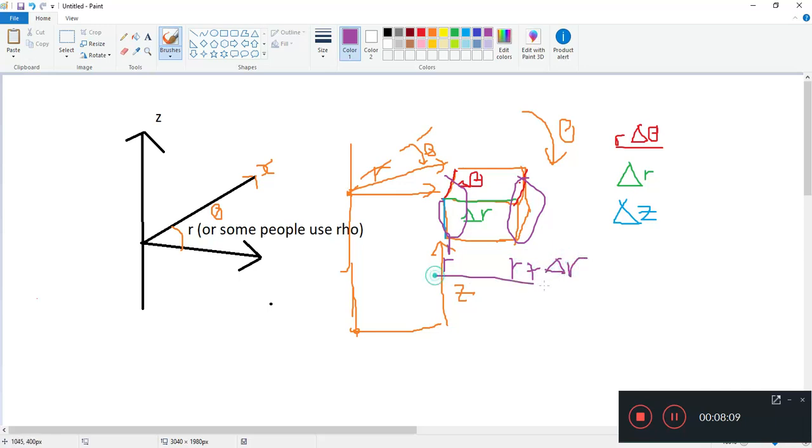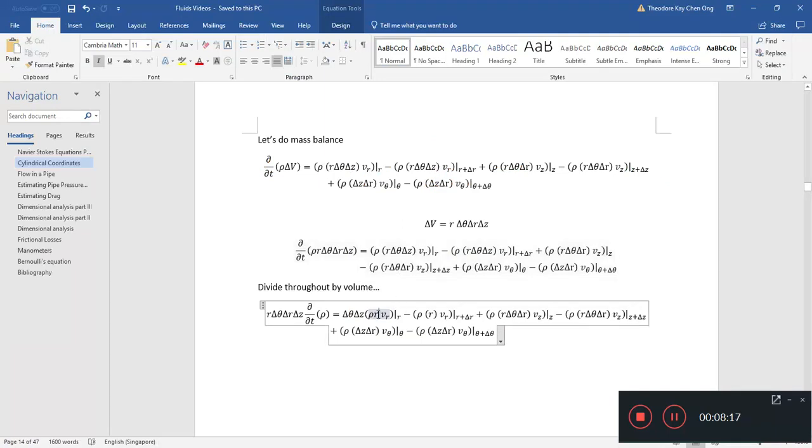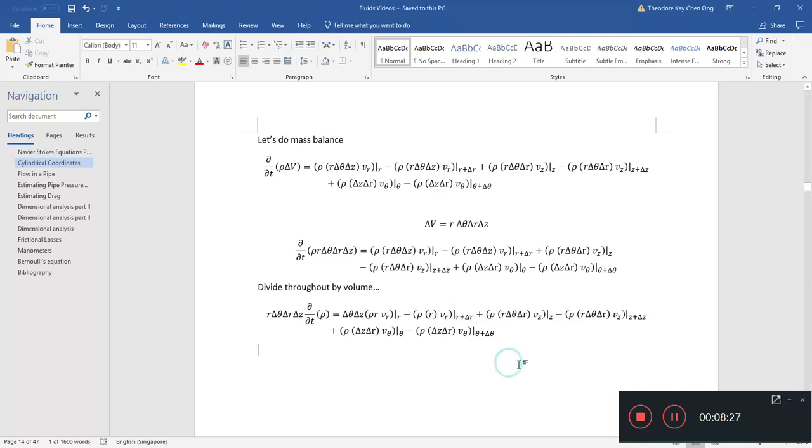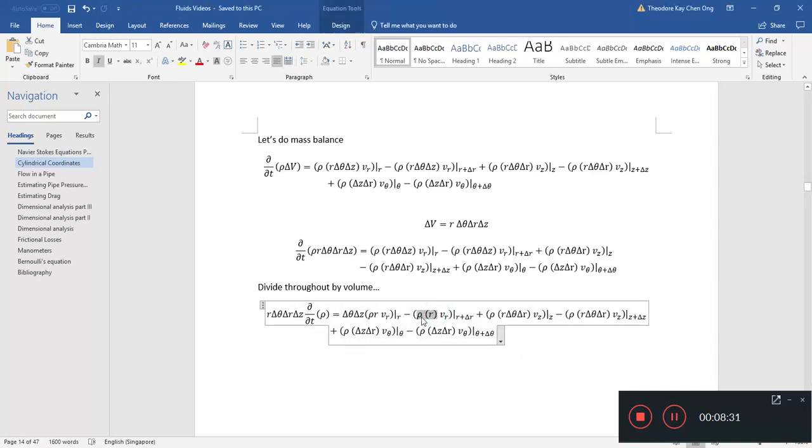So obviously r varies with r, so we cannot take this r out, so to speak. When it's evaluated at r and at r plus delta r, these are different values. So we have to leave this r on the inside.